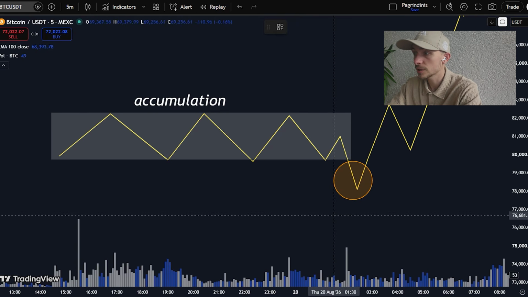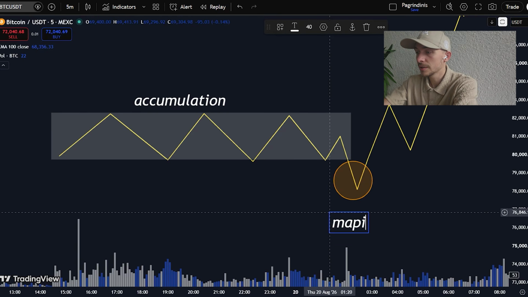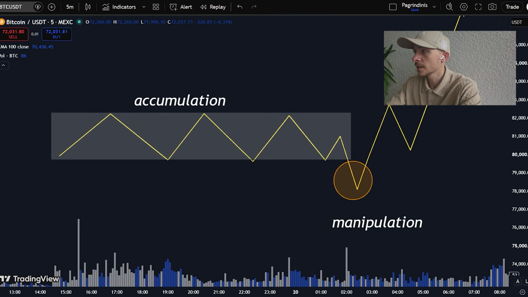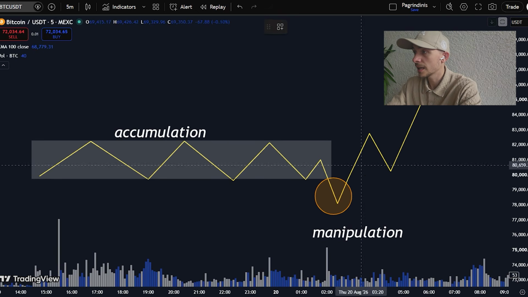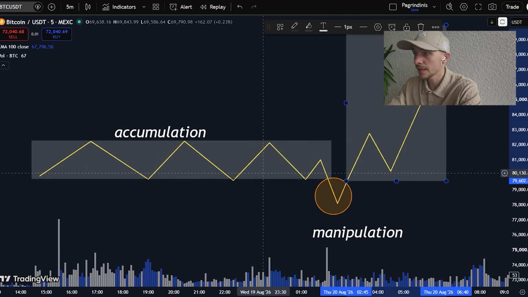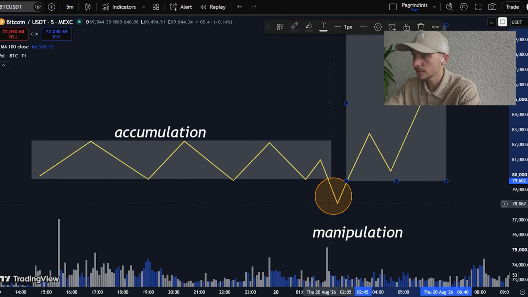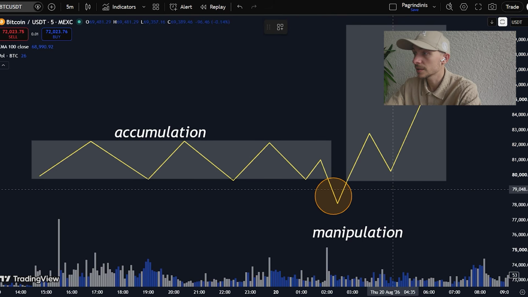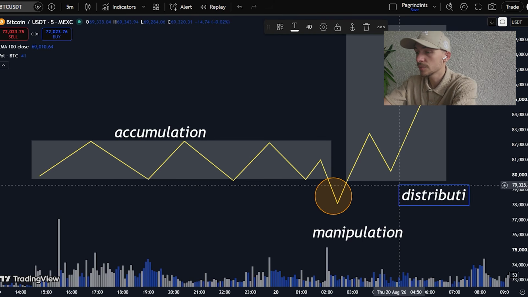The liquidity was taken, and then the movement after that, when all the buyers were taken out with the manipulation, we have a simple distribution. You can try to trade like that.